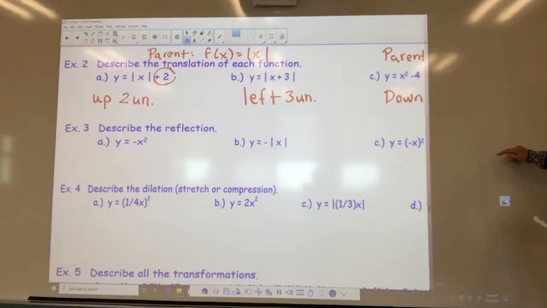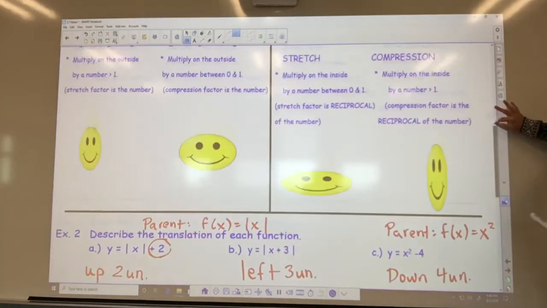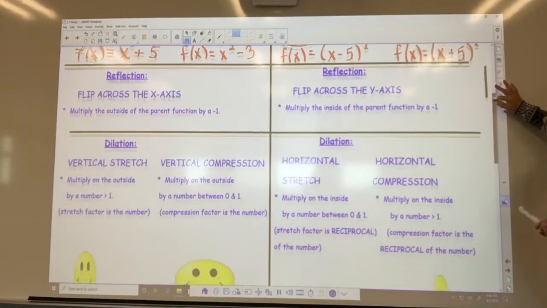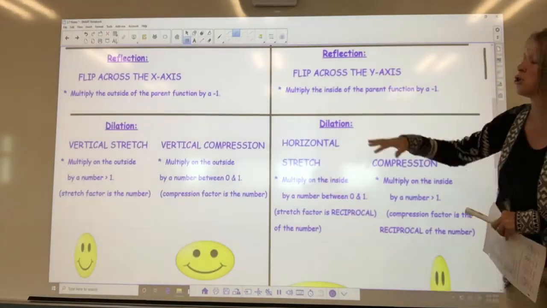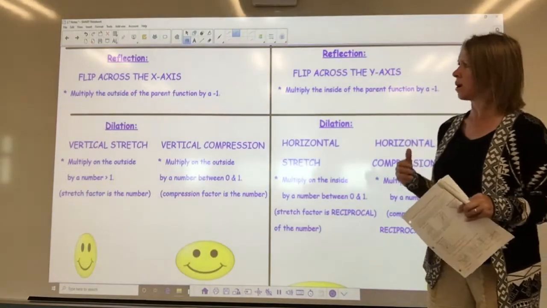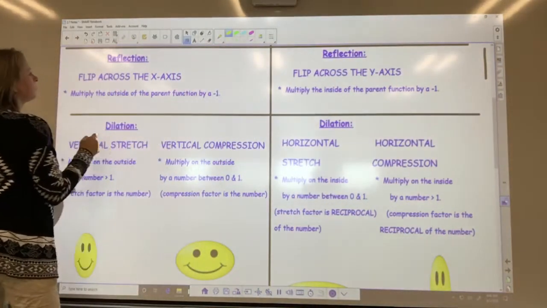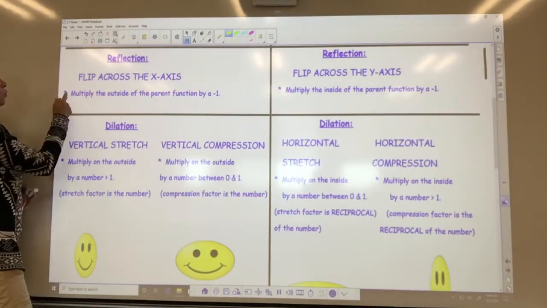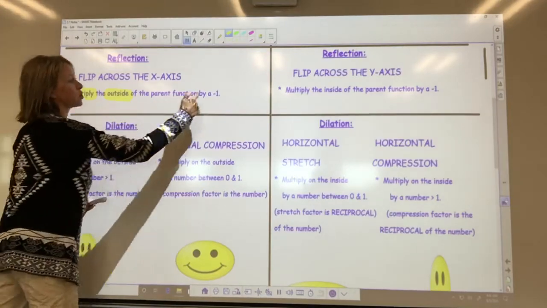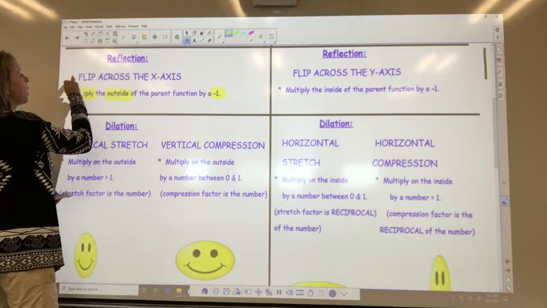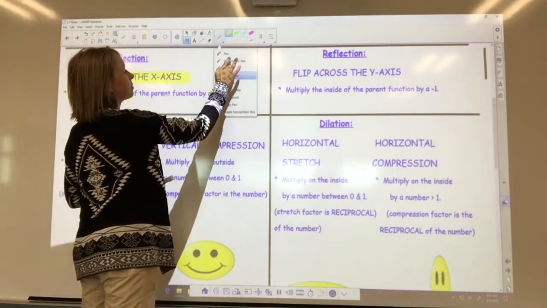Let's take a look at another type of transformation here. Okay? Another type of transformation called a reflection. And we're still going to just use f of x equals x squared as our parent function. So for reflections, if you were to multiply on the outside of your parent function by a -1, that is going to cause the graph to be flipped across the x-axis.